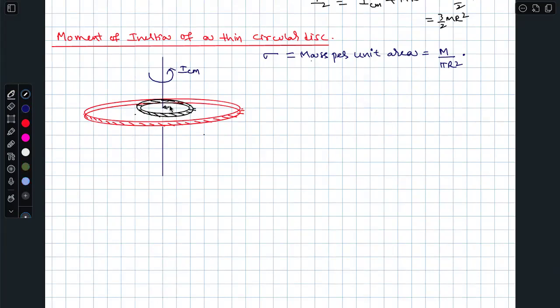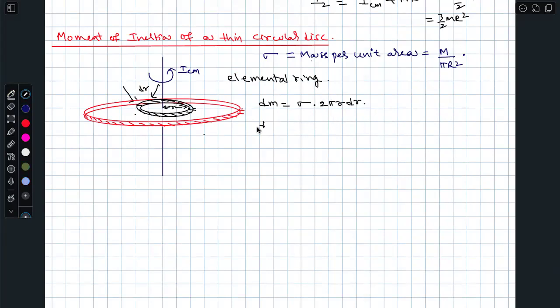See, the radius is R and the width is dr. Agreed? I am taking an elemental ring. Let us take an elemental ring. Okay, what is the mass of this ring? Sigma times 2 pi r dr. That is the mass of the ring.